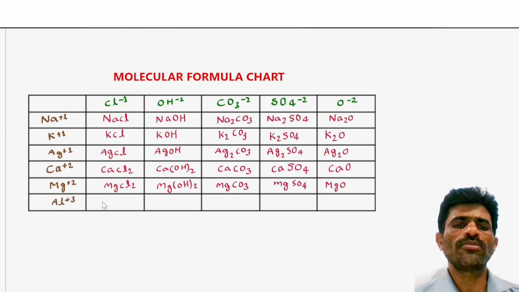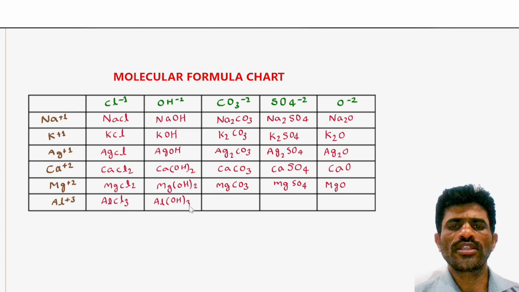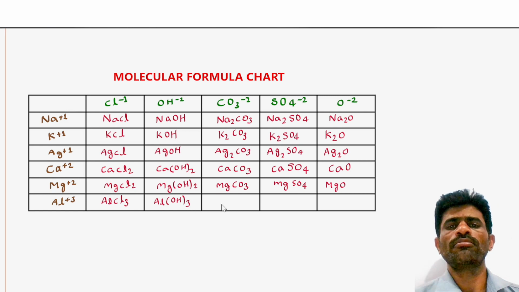Now aluminium chloride, here AlCl3, because aluminium valency is 3, it should be multiplied by 3. Next, Al(OH) taken thrice, aluminium hydroxide.